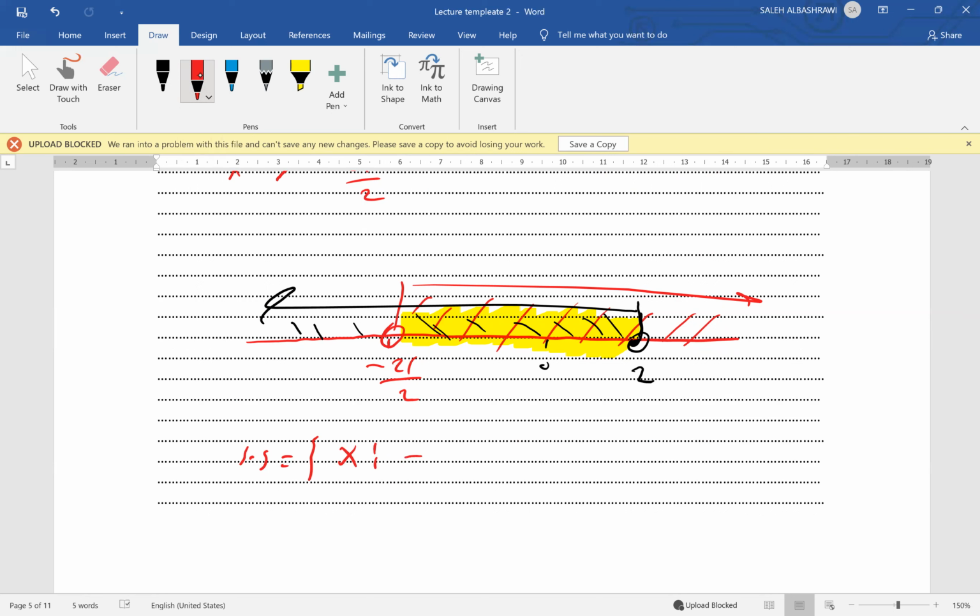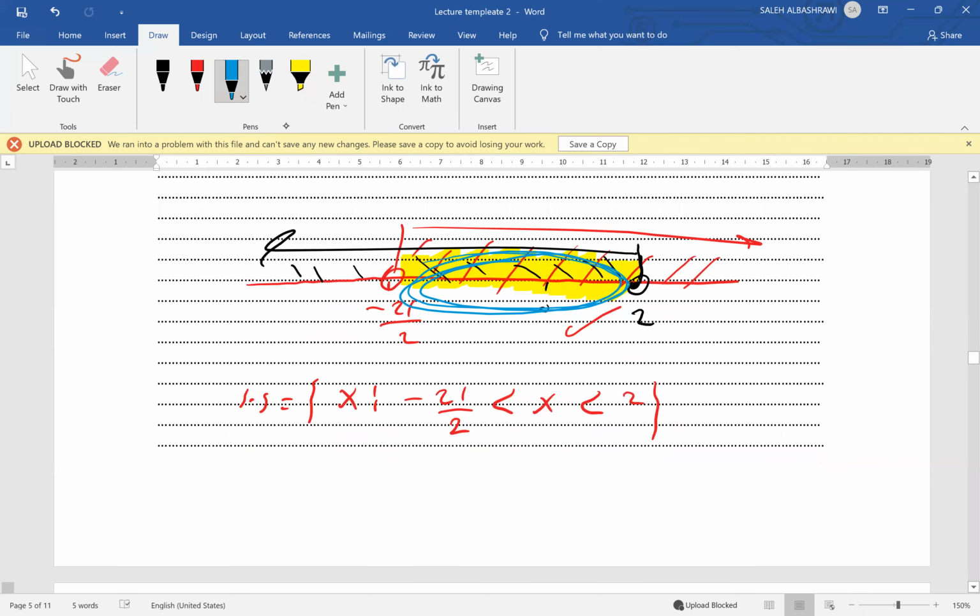I can write it as minus 21 over 2 less than x less than 2. This is using the set builder notation, and this is the graph. The solution is this part only, the common area. Using interval notation, I can write it as the open interval from minus 21 over 2 to 2. This is using interval notation.